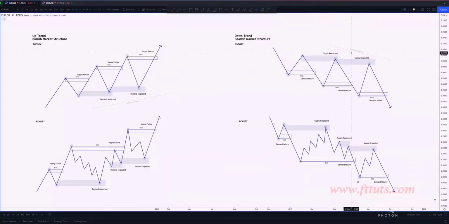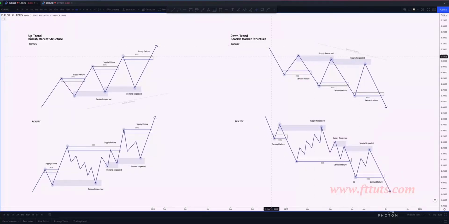So then looking over here, it's just the exact opposite for bearish order flow in a bearish market, a series of lower lows and lower highs, where the lows are weak and the highs are strong because they are taking out the lows, they are causing breaks of structure. So when we get that pivot in price, and we get that either range-created or pivot-created supply, and that supply then leads to a break of structure, showing that demand is failing, supply is in control, when price pulls back up to it, we expect supply to be respected.